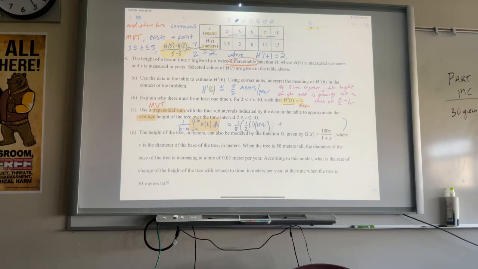The next trapezoid is 1/2, the base, 2 plus 6. Then 1/2, the base of the next one is 2, 6 plus 11. And then it's 1/2, and the last one is 3, 11 plus 15.